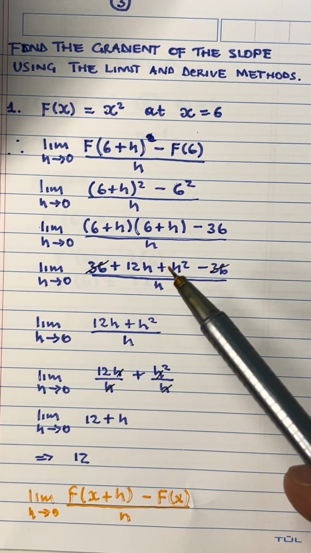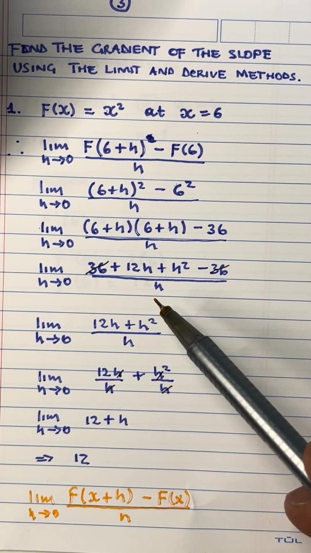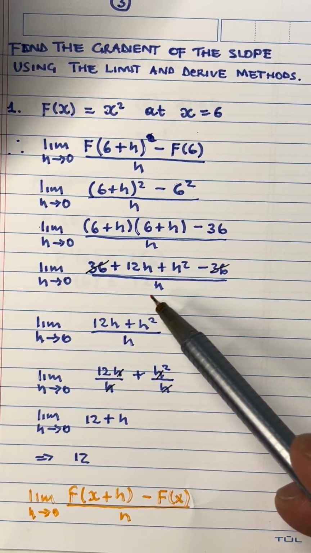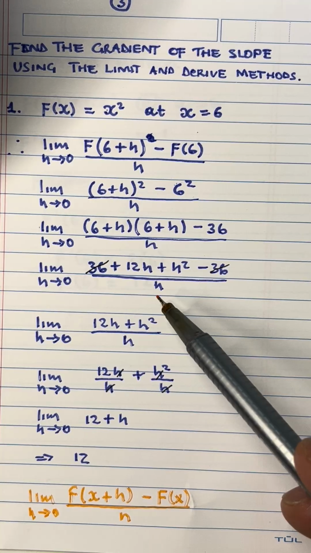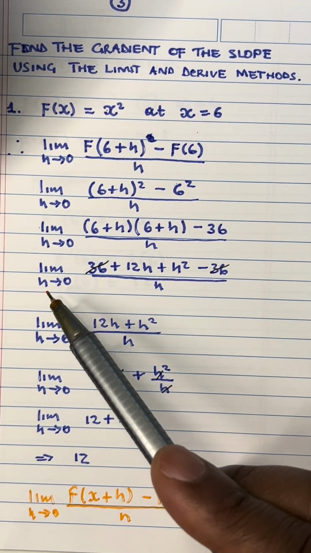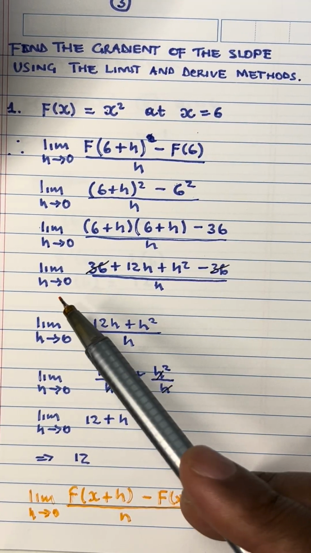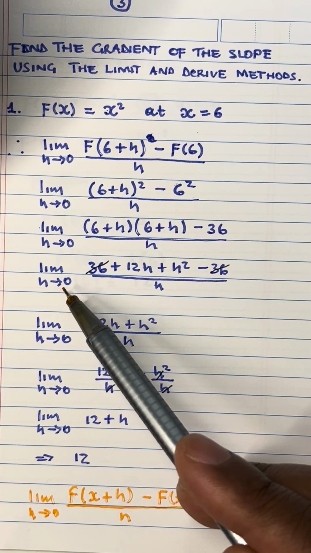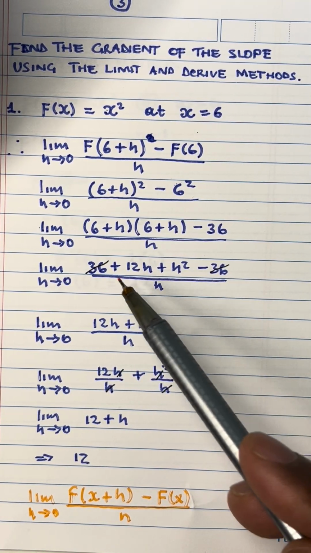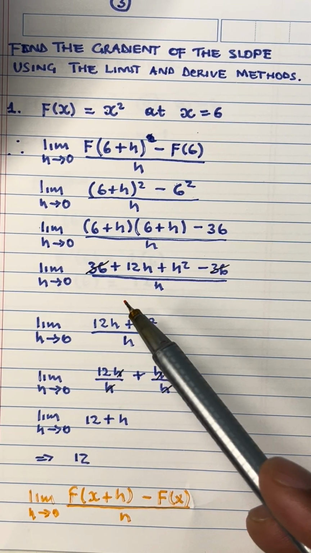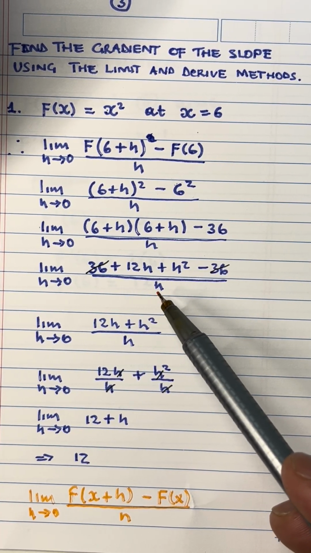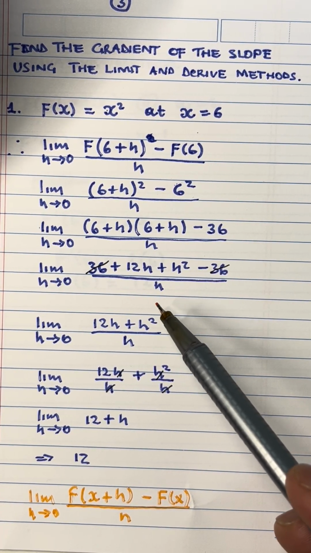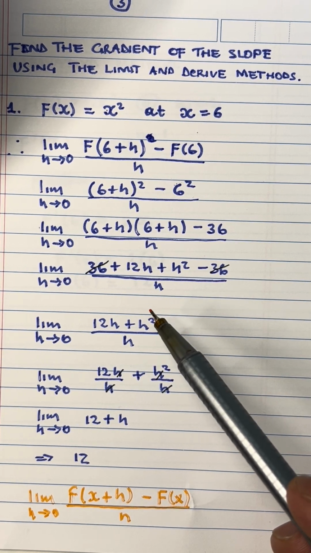Okay. Mind you, while we're doing this, we're trying to get rid of this h. But it's hard to get rid of that h by just taking the limit, because taking the limit means you just take the 0 and put it for h everywhere here. If you do that, mathematically, you will be dividing by 0, and you can't do that.